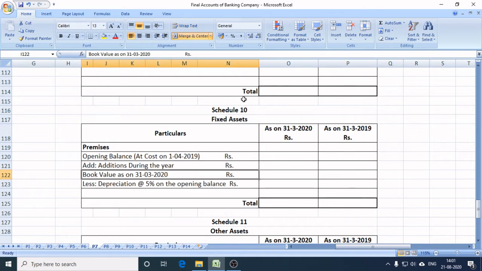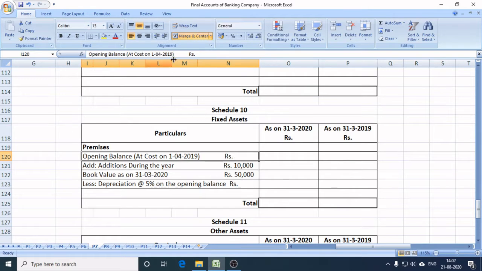See, the book value, the closing balance, is rupees 50,000, and the addition made during the year is rupees 10,000.